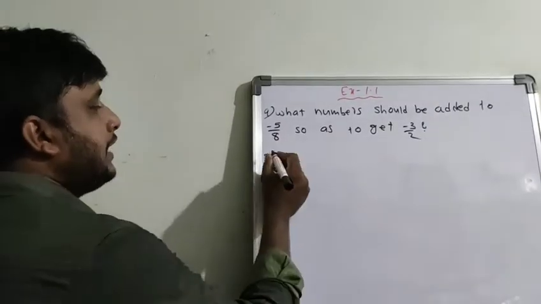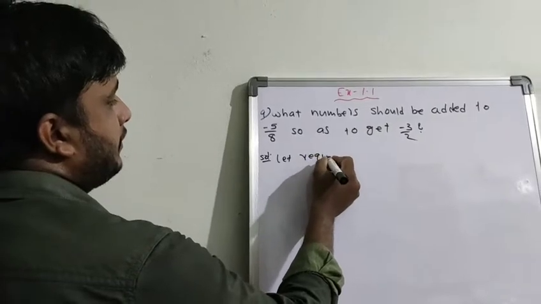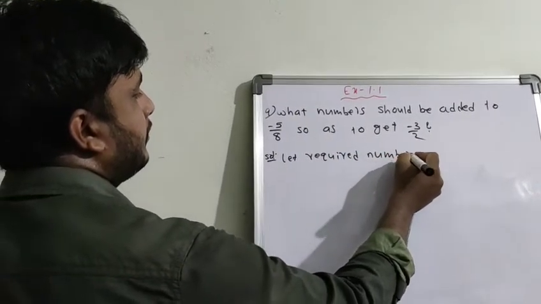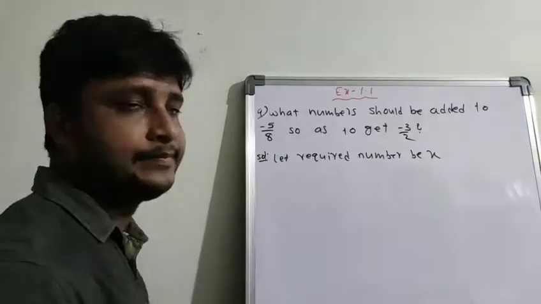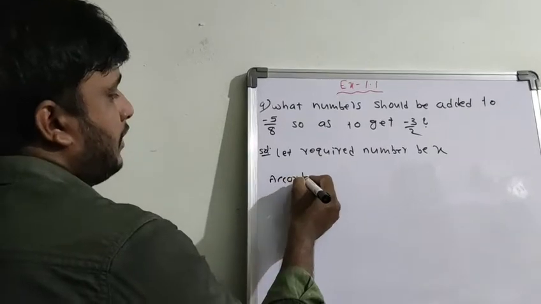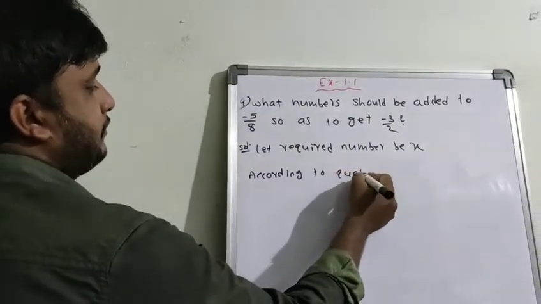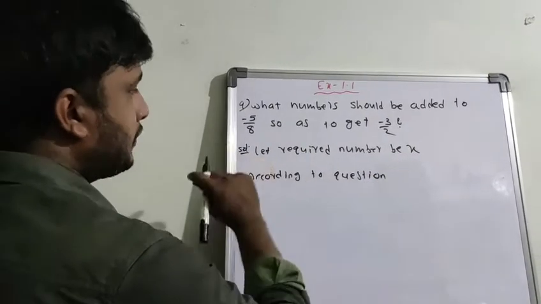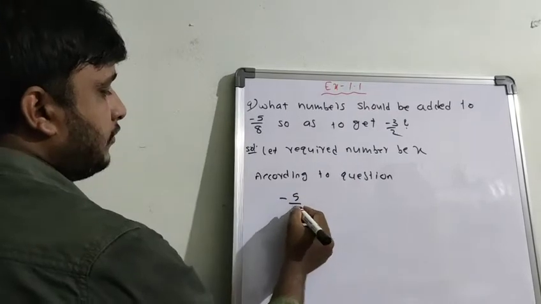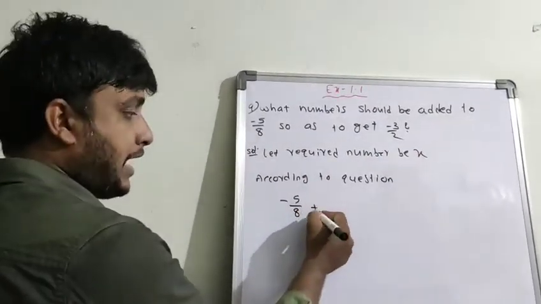Let the required number be x. According to the question, I will frame an equation. What number should be added to minus 5 by 8? Some number we have to add, that number I assumed as x, so I am adding x.